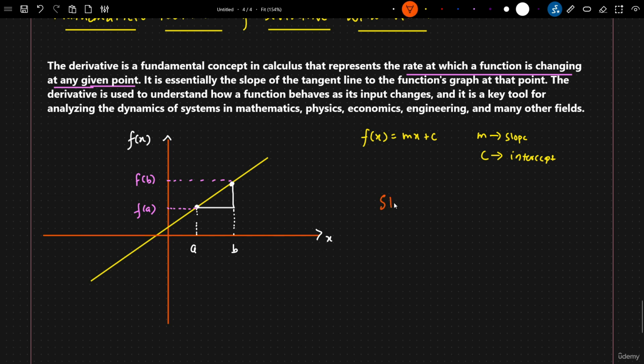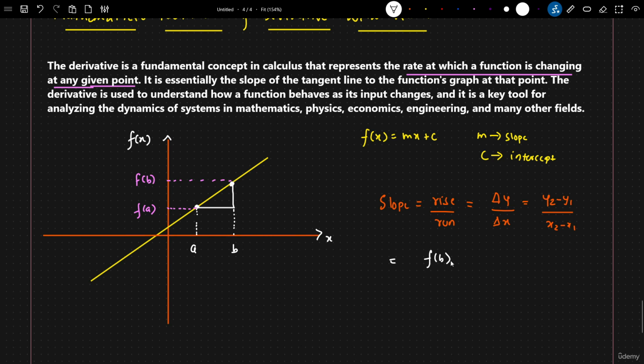If I want to compute the slope, slope is nothing but we write it as something like rise divided by run. Rise divided by run basically means the change in the y-axis with respect to the change in the x-axis. I can also write it as (y2 minus y1) divided by (x2 minus x1). Now you know what y2 is. This particular point over here, y2, is nothing but f(b).